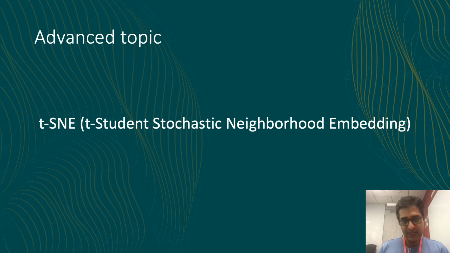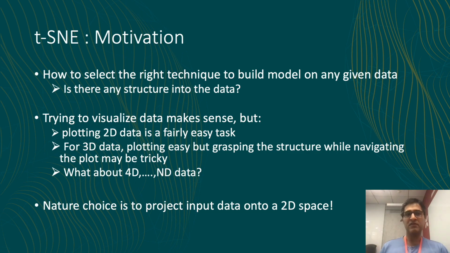The motivation behind t-SNE is that we, as ML modelers, are often faced with this problem: what is the right technique to build a model on a given data? What is the structure behind the data overall? What are we looking at? What is the kind of problem that we have at hand?